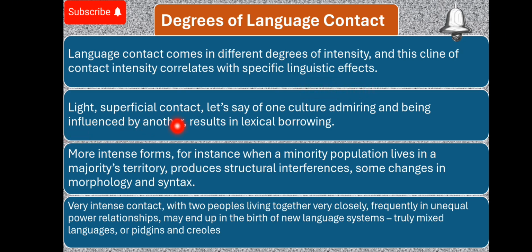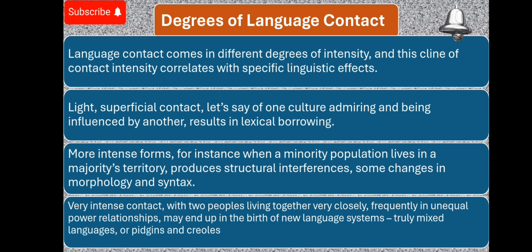Light, superficial contact, let's say, of one culture admiring and being influenced by another, results in lexical borrowing. You admire another culture, you like another culture, and you borrow some words from that culture. So that would be a superficial or light contact.